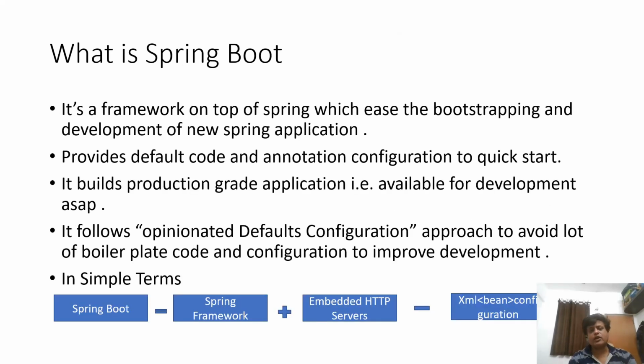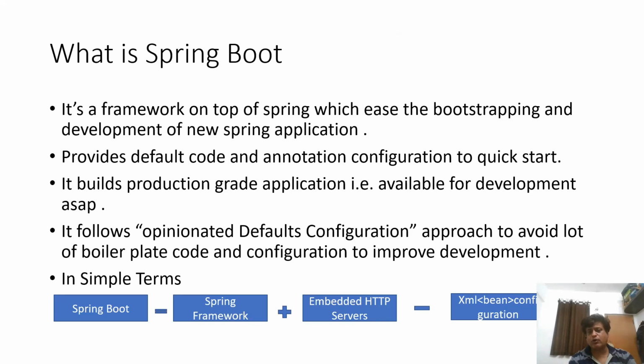So what is Spring Boot? Basically, it is a framework on top of Spring, for bootstrapping and the development of new Spring applications. Basically, it provides default code, annotation, and configuration to quick start and to build a production grade application.